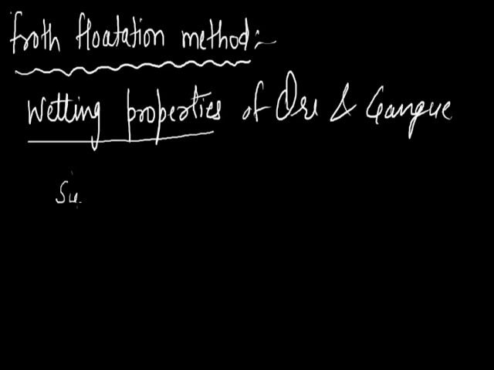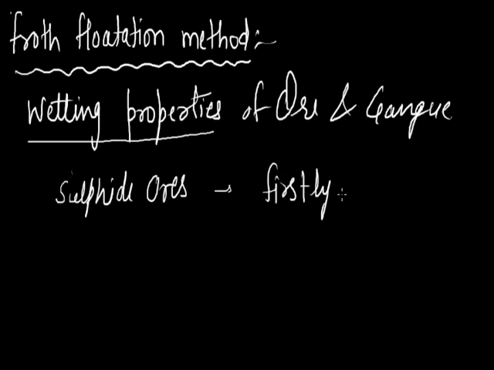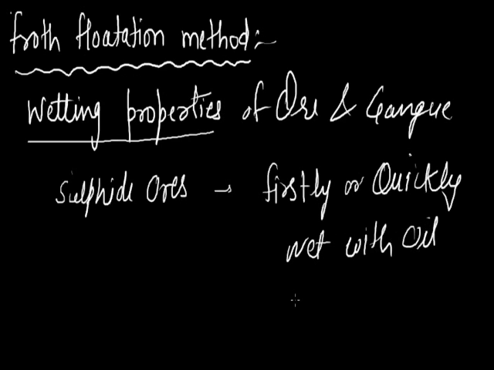And we know that sulfide ores wet with oil quickly compared to water. So if we introduce sulfide ores into a mixture of oil and water, they become wet with oil, not with water.